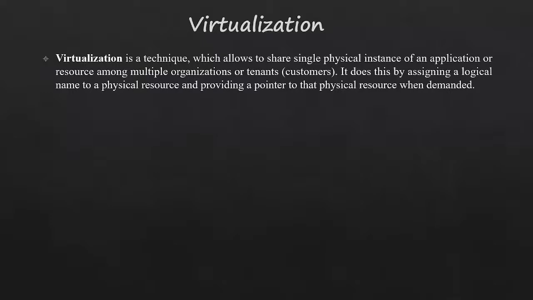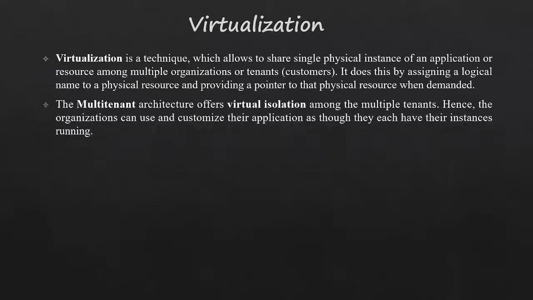Simply, multiple resources are created from one single physical instance. Then the multi-tenant architecture offers virtual isolation among the multiple tenants, so they don't know about each other, and hence the organizations can use and customize their applications as though they each have their own instances running.